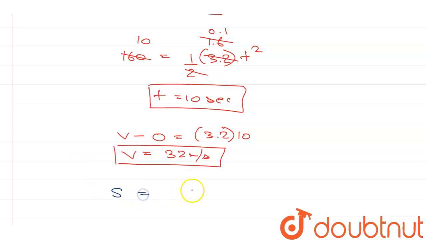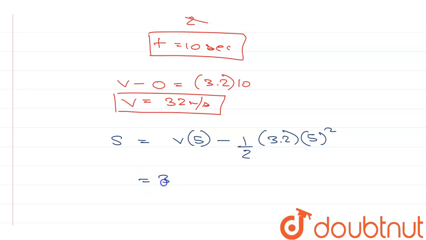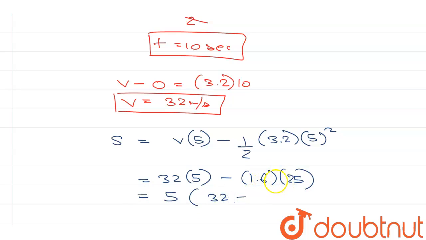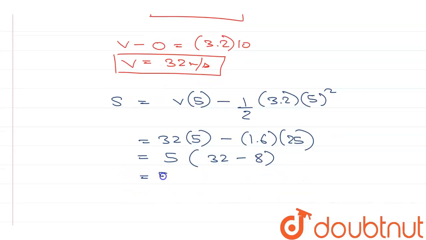The distance that it is going to travel will be v into 5 minus 1 by 2 into 3.2 into 5 squared. So 32 into 5 minus 1.6 into 25. 5 into 32 minus 1.6 into 5 will be 8. So 5 into 24, which means 120 meters.